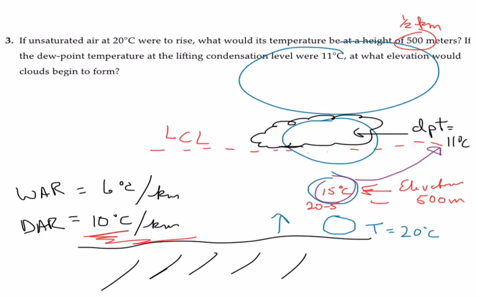Okay, so cool 4 degrees. We know that for every full kilometer it rises, it cools 10 degrees. This is a hard one. This definitely would not be on your test. So it looks like 4/10 of a kilometer, 400 meters. I'm liking that.